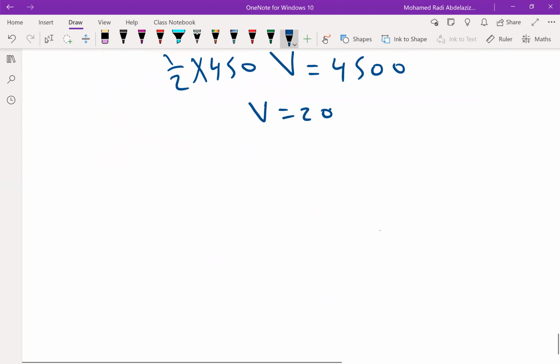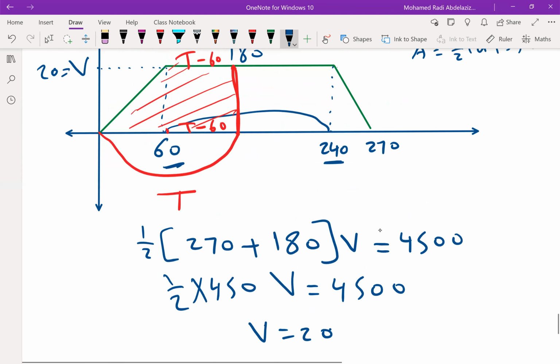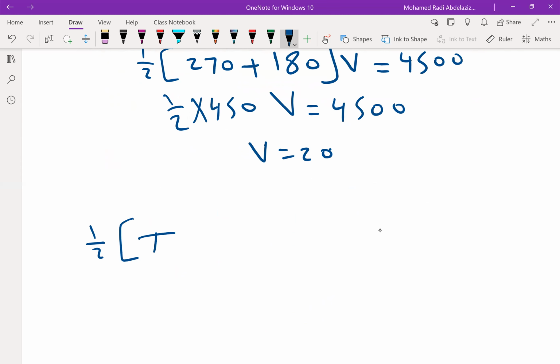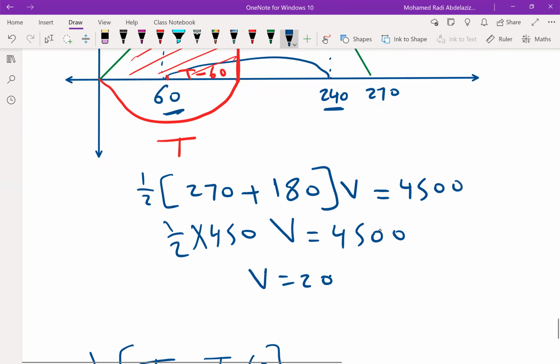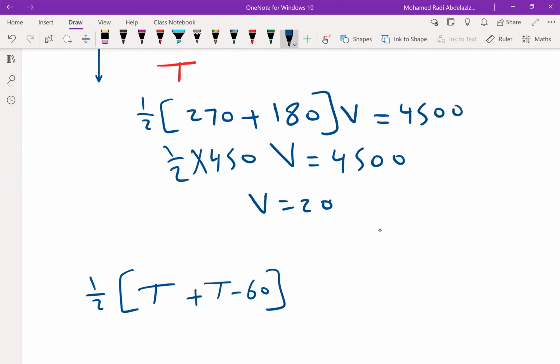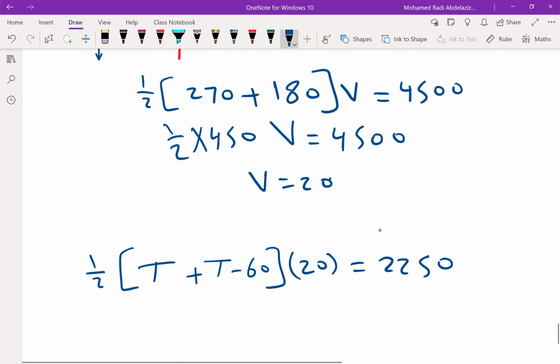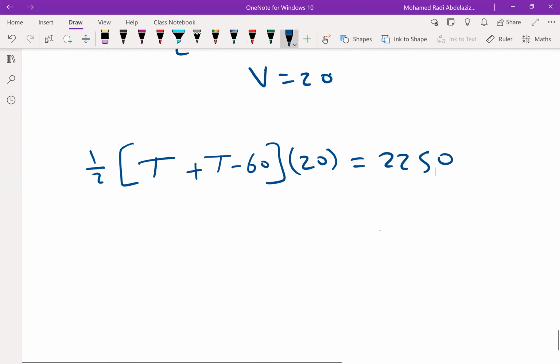The area of this trapezium is equal to half the distance of 4500. Again, the area of a trapezium is half (A plus B) times the height. A is T and B is T minus 60, multiplied by the height, which is 20, is equal to half the distance between the two stations, which is 4500 divided by 2. So the answer will be 2250. Simplify: half of 20 is 10.